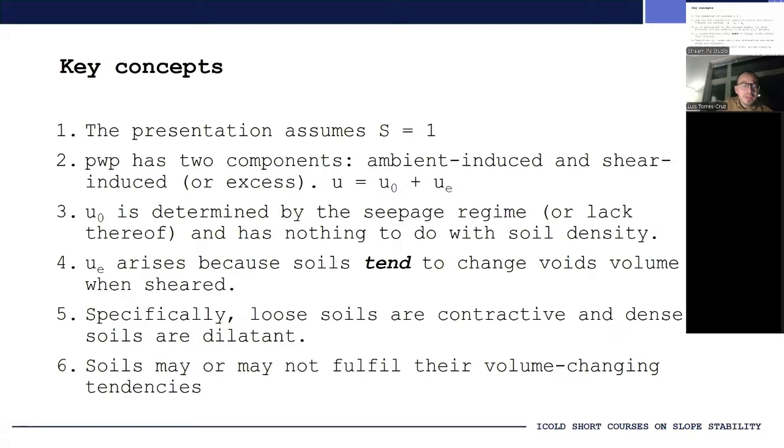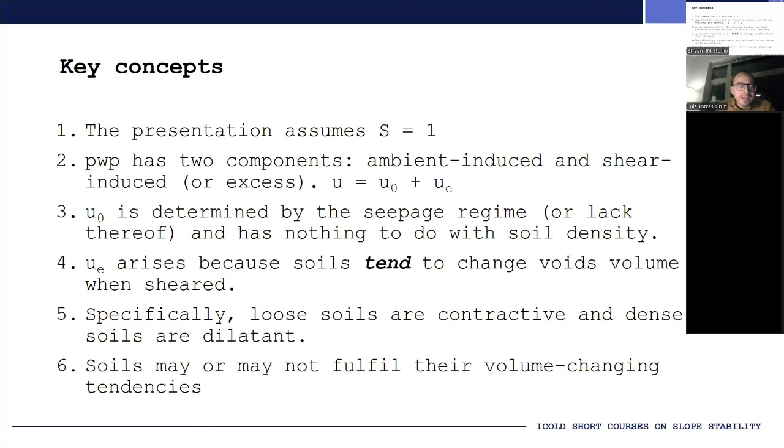More specifically, when loose soils are sheared, they tend to contract, and when dense soils are sheared, they tend to dilate, in other words, to increase the volume of those voids in between the particles.